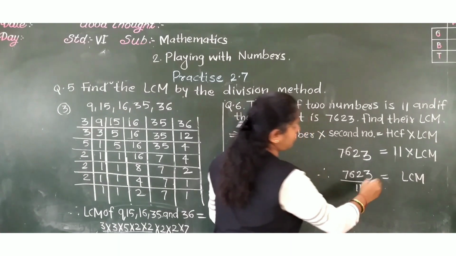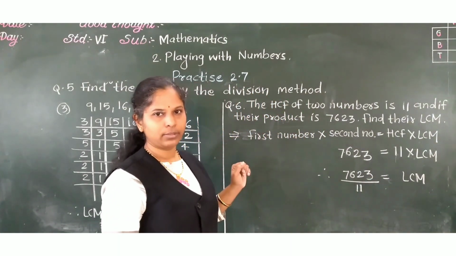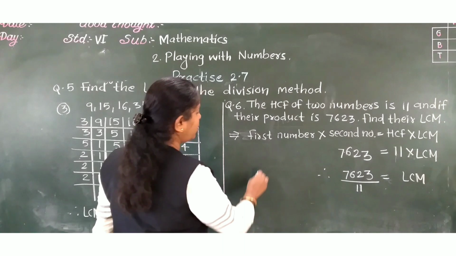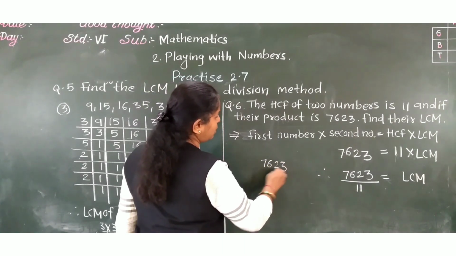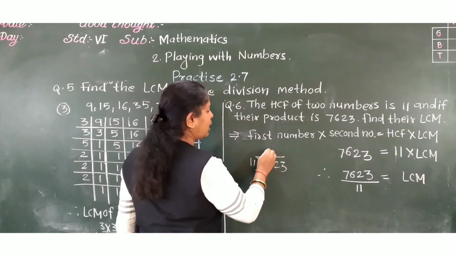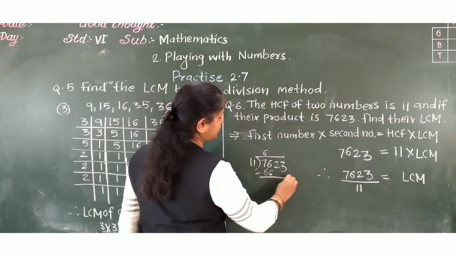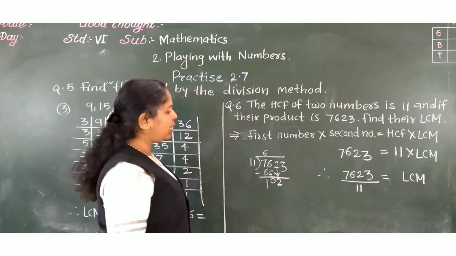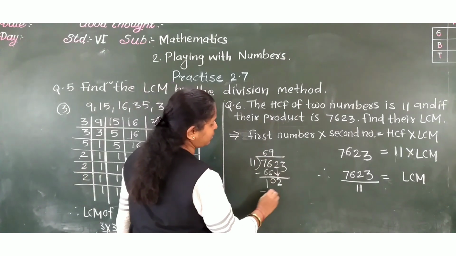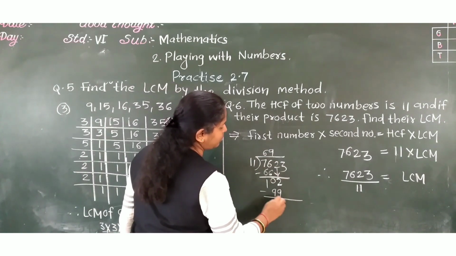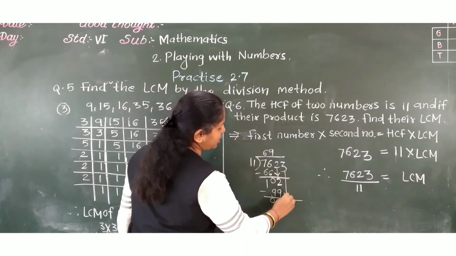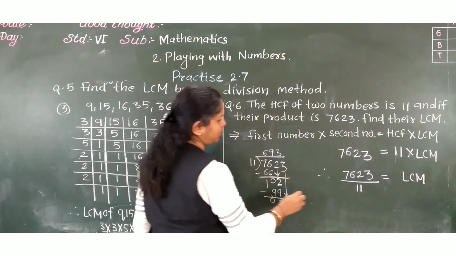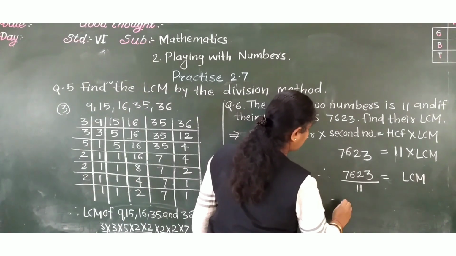So here we have to divide by 11. Now divide 7623 by 11. 11 6s are 66. Take these two down. 11 9s are 99. Okay. And this 3 take down. 11 3s are... So, what answer did you get?